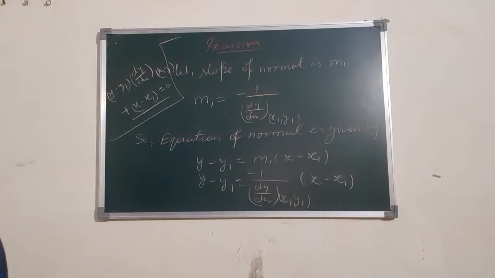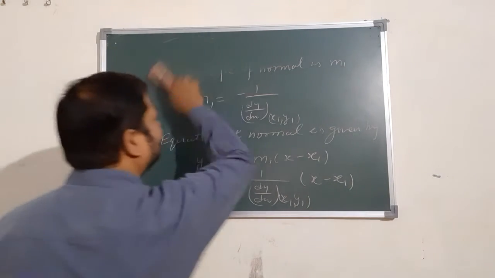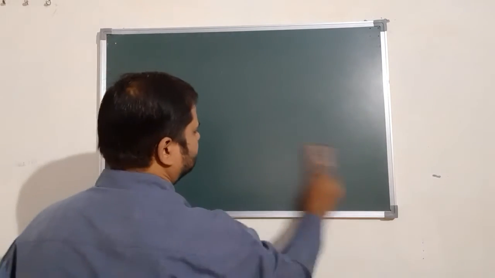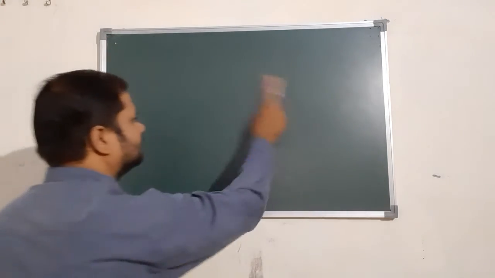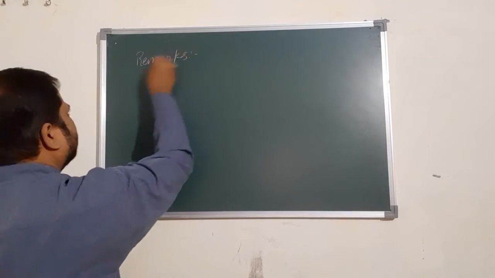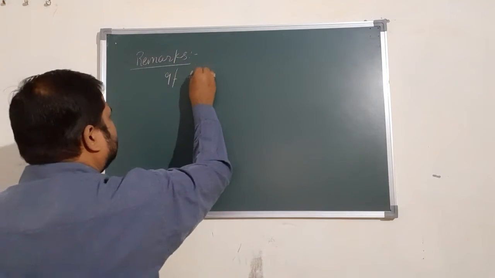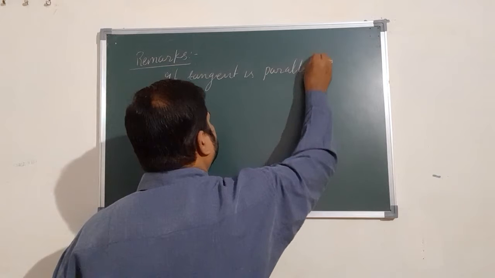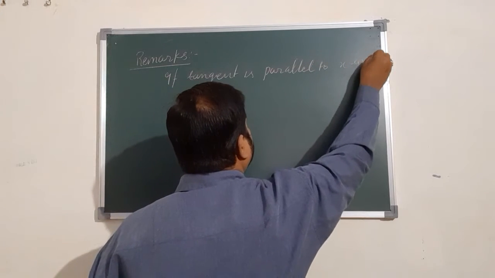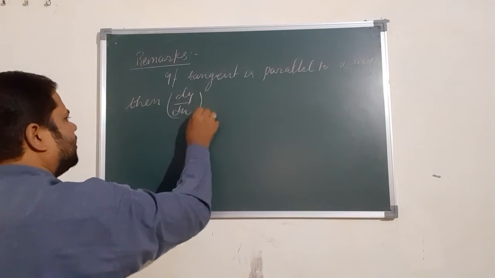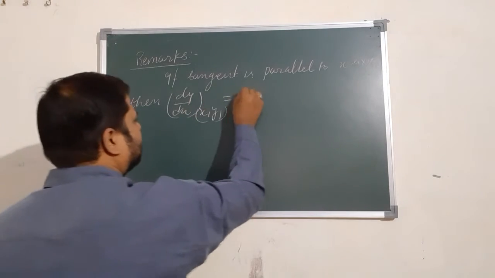Now some remarks are there. The first remark is, if the tangent is parallel to the x-axis, then dy by dx at (x1, y1) must be equal to 0.